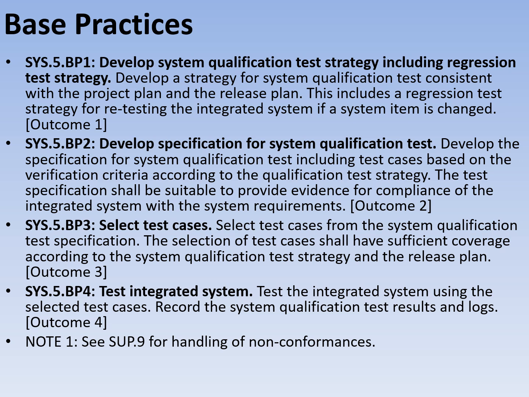Now this may seem a slight repetition from SYS.4, but there is a distinct difference. Here you understand this word, system qualification test. After this test is completed, you directly deliver it. So the final test cases you develop are based on the verification criteria according to the qualification test strategy.